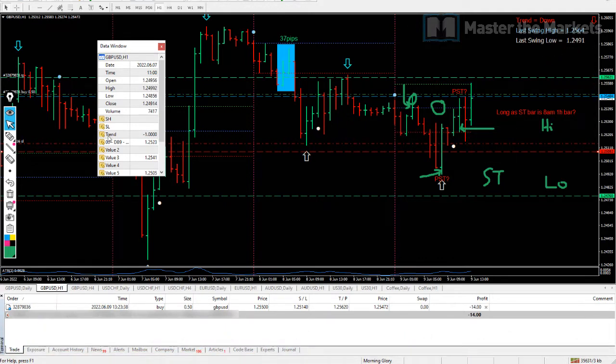Just by 1 micro pip, that was the bar that took out the high. So this became our potential stretch bar. What do I mean by that? If this is the highest bar, then from that point onwards, that can become the potential stretch bar. And if the BRO forms to the bottom, then that will become our stretch bar.